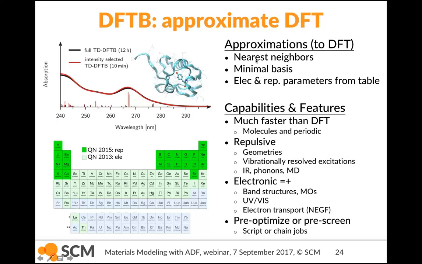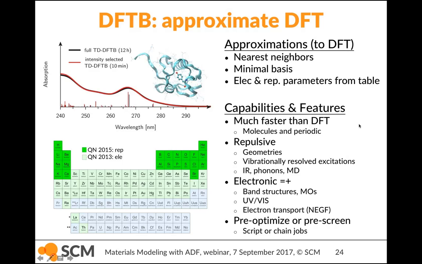So you only take into account matrix elements between atoms that sit next to each other, use a minimal basis set approximation, so you don't get any of the higher orbitals or lower orbitals involved. And then finally, you look up all the matrix elements that you need from a table, a so-called Slater-Koster file. And that table has been pre-calculated with DFT. So once you've done that, you just look it up in a table, and away you go, and the calculation is done in a whiz.